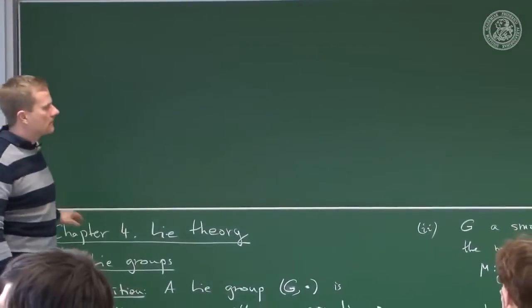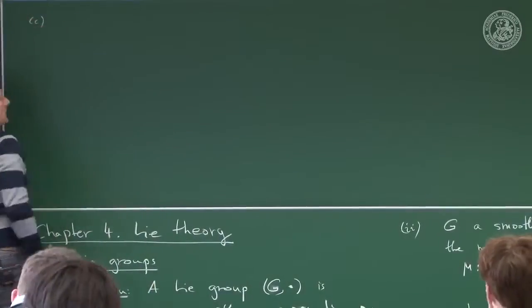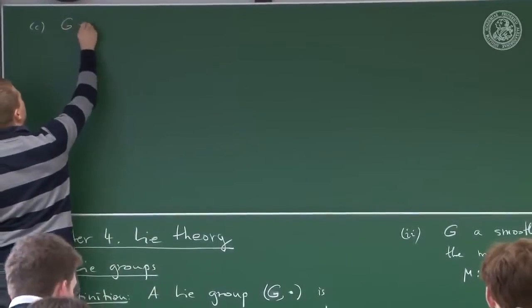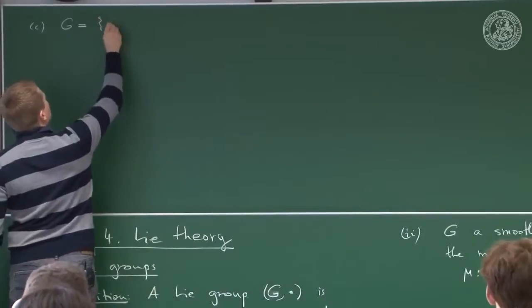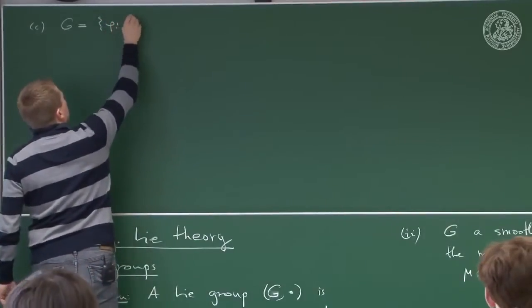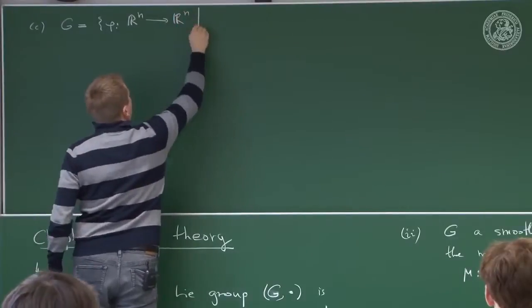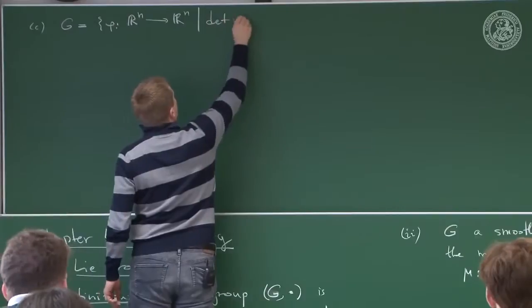Now, as a final example, we may consider as the space G all the linear maps that take you from Rn to Rn but that have non-vanishing determinant.